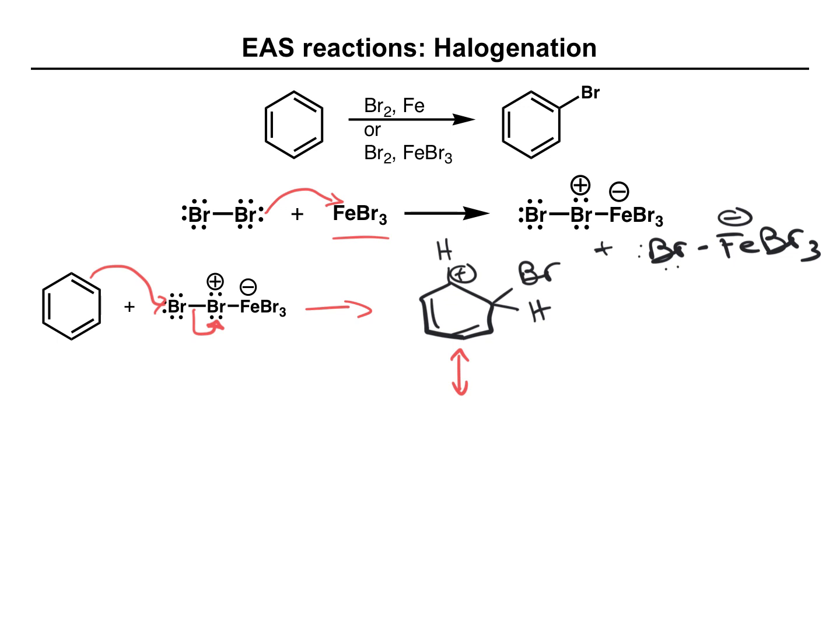And then when these electrons move this way, we now have the double bond here, and that leaves this carbon with the positive charge. Again, we want to think about our double bond moving toward the positive charge, and that gives us a third resonance contributor.